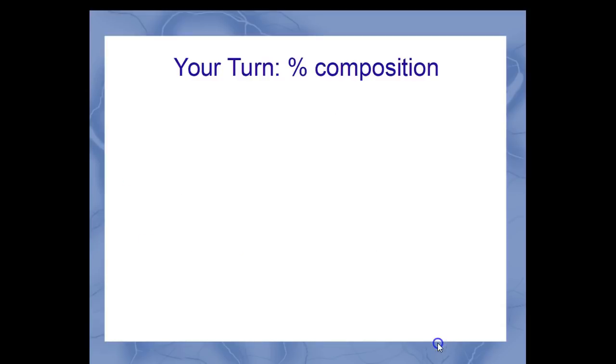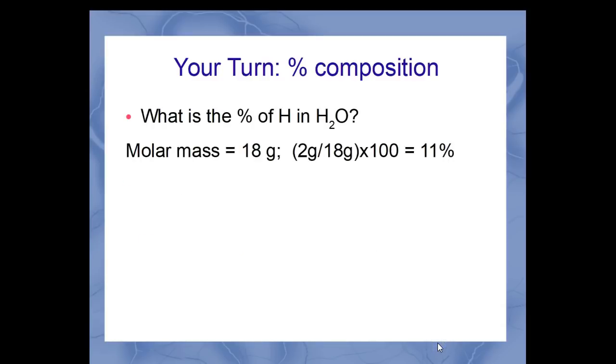Percent of hydrogen in water, the molar mass of water is 18 grams. There are 2 hydrogens, 2 moles of hydrogen atoms, so we take 2 grams, we divide by 18 grams, and we multiply by 100 for the percent. We get 11%.